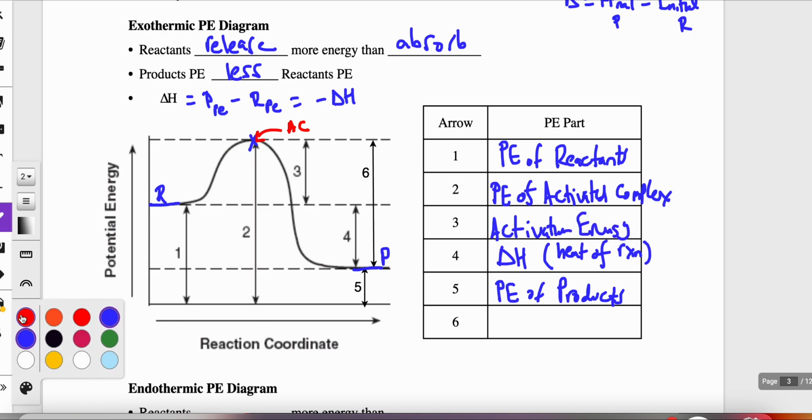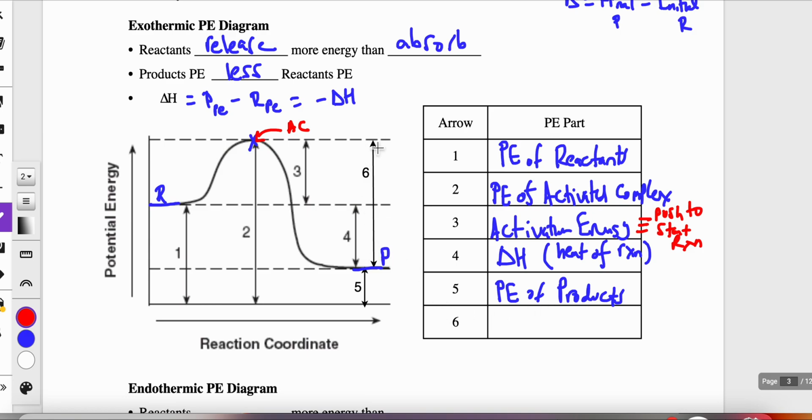So the reactants have the ability or the potential to make the products, but a lot of times they need a little push to get it going. So the activation energy, this is the push to start the reaction. So I'll keep it simple.